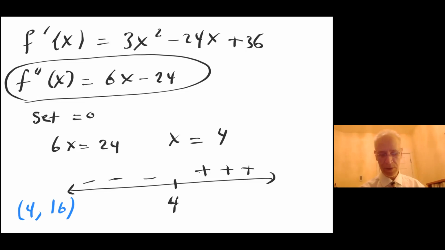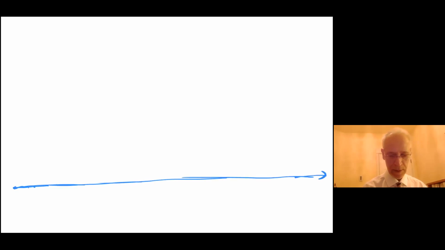So let me put all this together. This is x, and let me just use a straight edge. I had 0, 0.